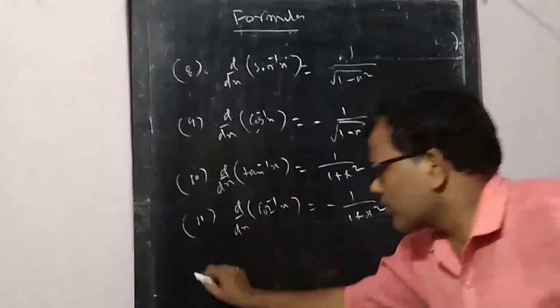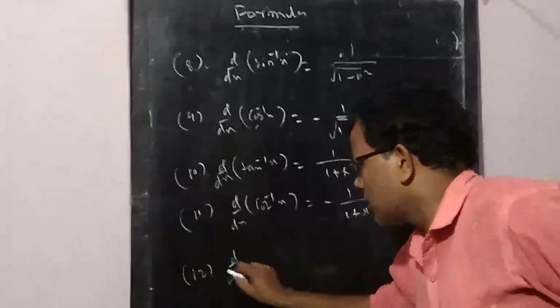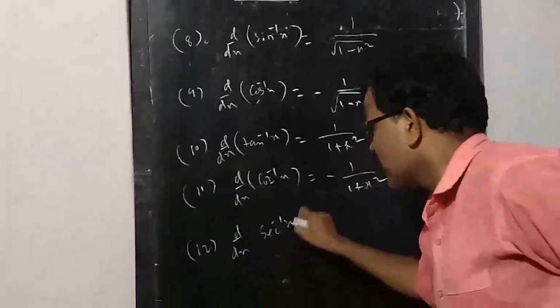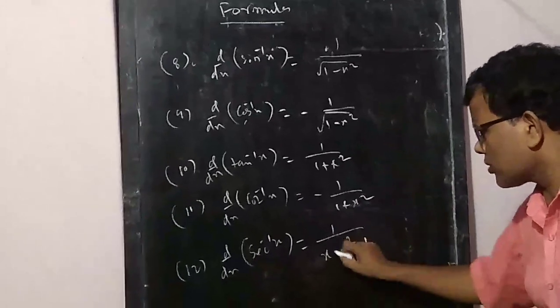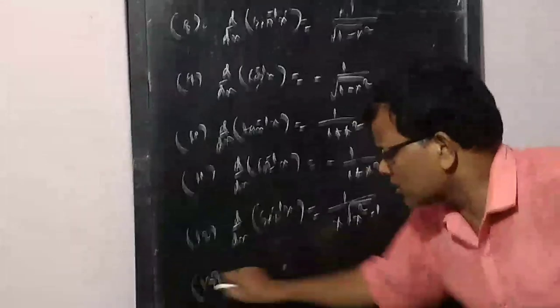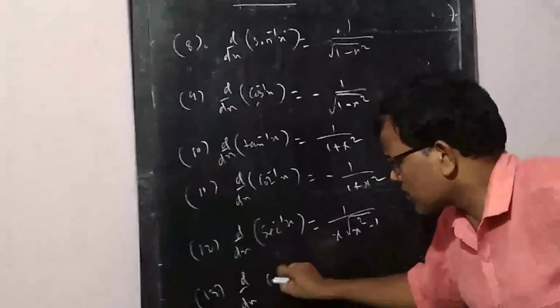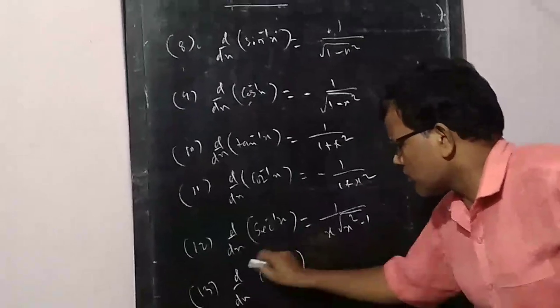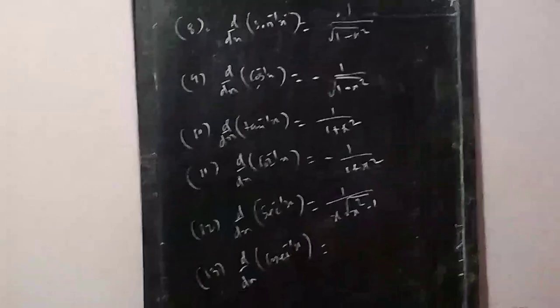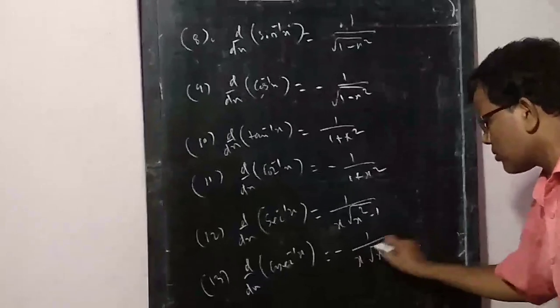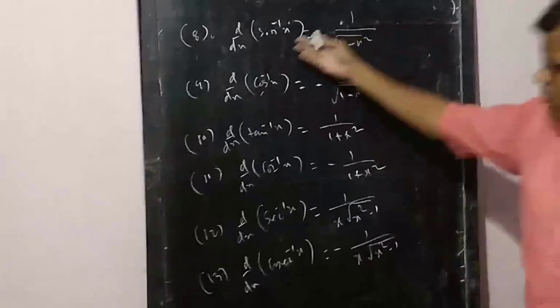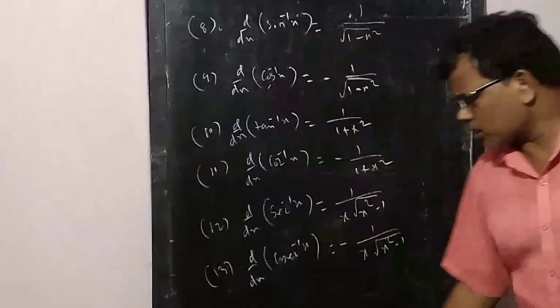And next, 12, d by dx of sec inverse x is equal to 1 by x into root over x square minus 1. 13, d by dx of cosec inverse x is equal to minus 1 by x into root over x square minus 1. So this is all about inverse trigonometric functions.